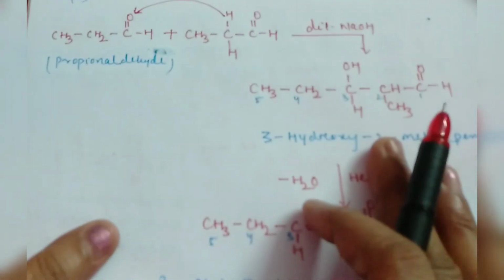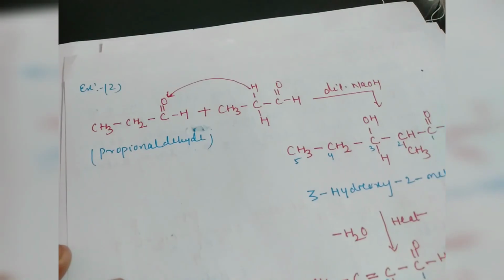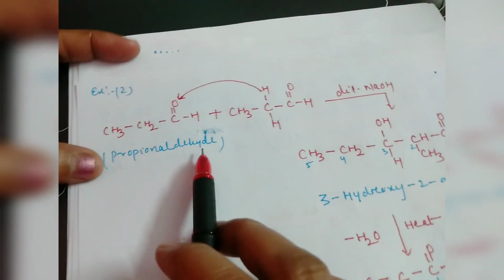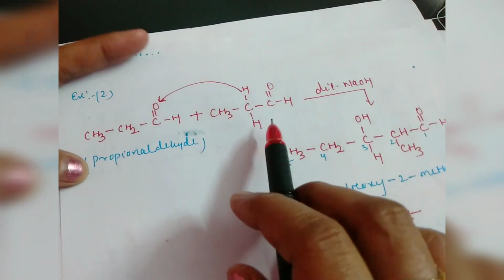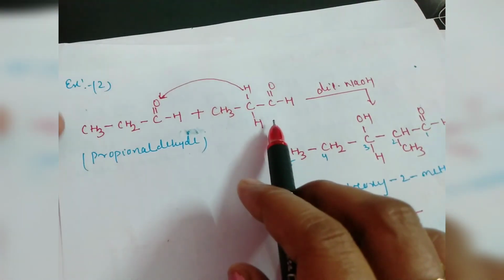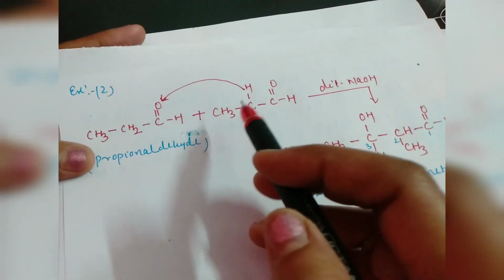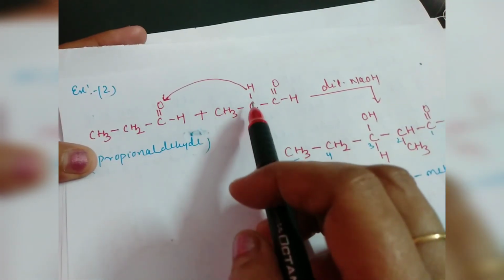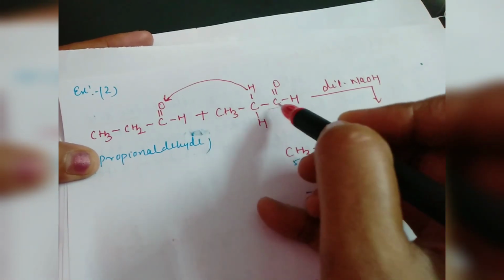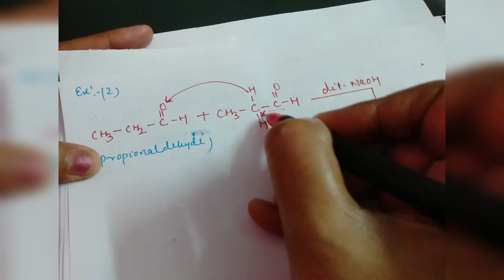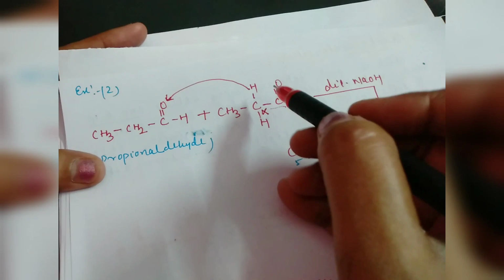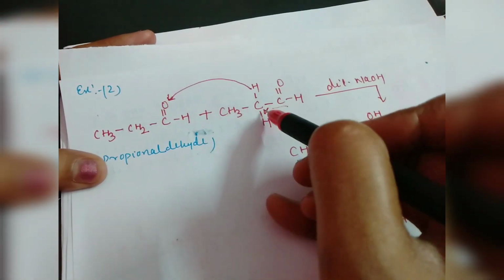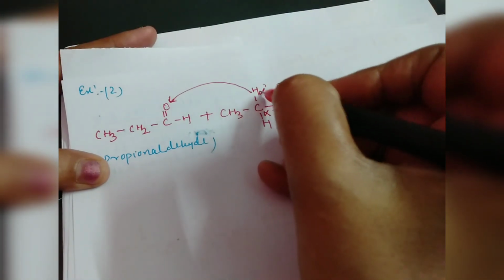Now this is propionaldehyde. Similarly, we will discuss some other examples. Take propionaldehyde, and this is another molecule of propionaldehyde. Tell me what will be the aldol product. Here this one is your functional group and this is your alpha carbon. Always remember one thing: this is the alpha carbon, this is your alpha hydrogen.